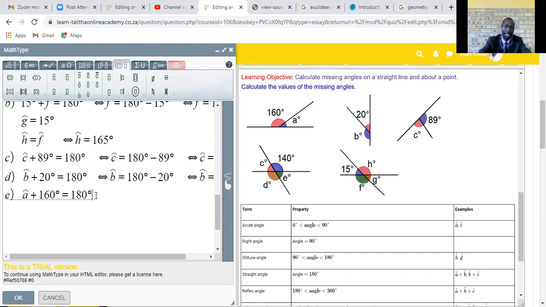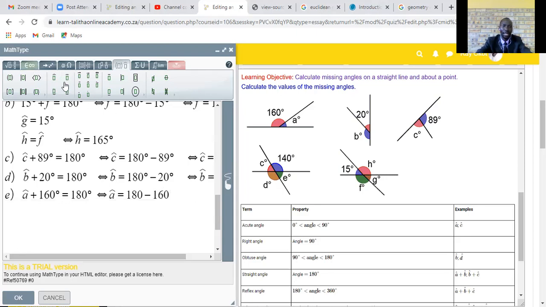When we do that, we will have angle A now equal to 180 minus 160 degrees.